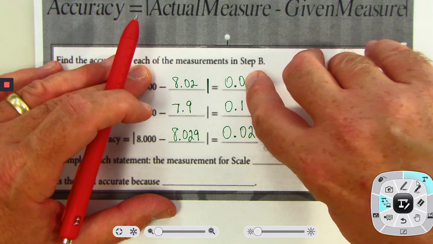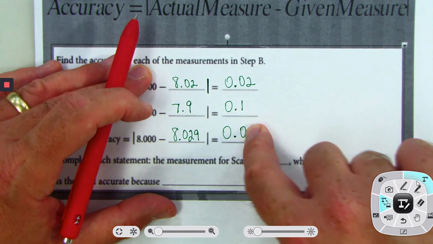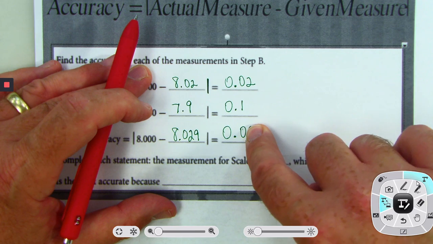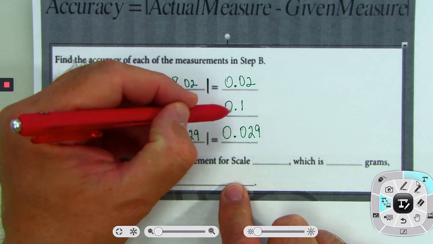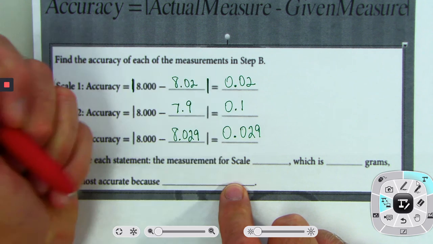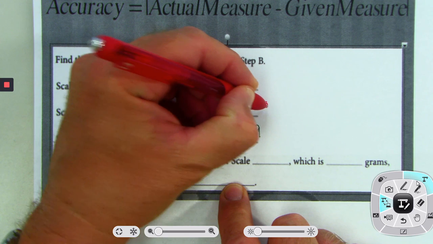Well, if I look at the tenths place first, I have a 0, a 1, and a 0. Well, 1 is larger than 0. So I know that 0.1 is the largest of the 3. So I'm going to rank them from smallest to largest. That ranks 3.